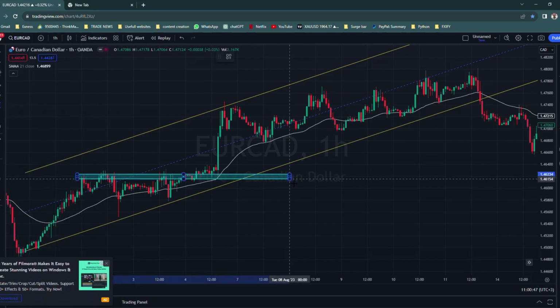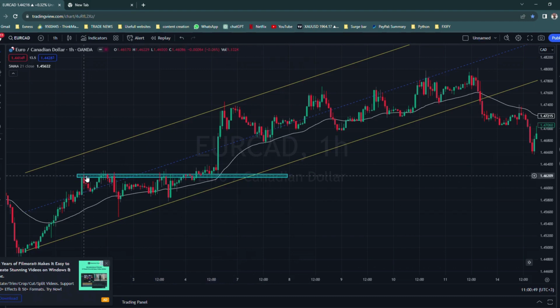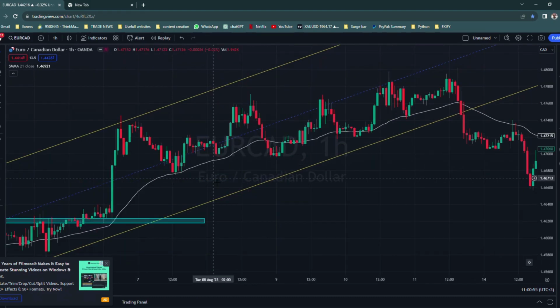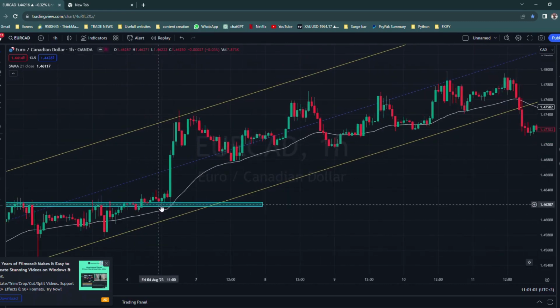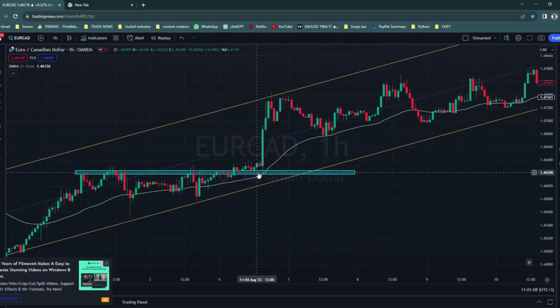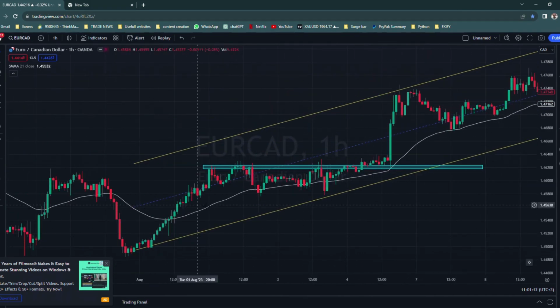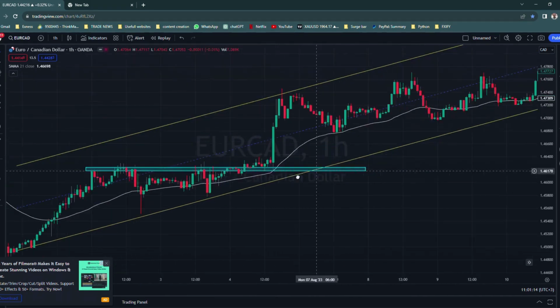Okay, so we are looking at a zone right there that is broken to the upward side and retested. Now look at the pin bar, and look at the impulse move. Rejection on the 21-day moving average, and a trend is already forming. Now this is a good example.